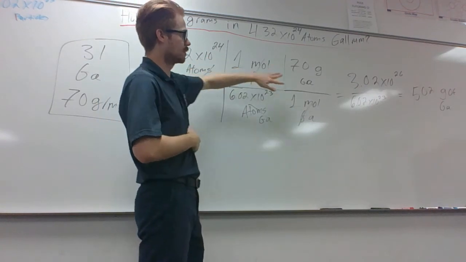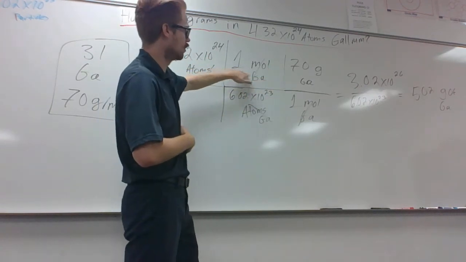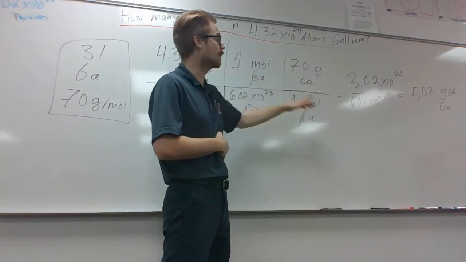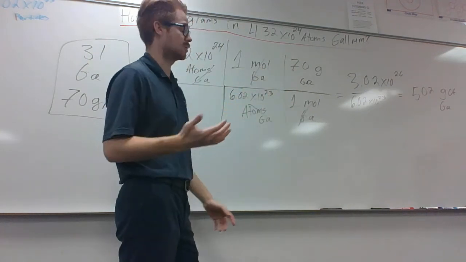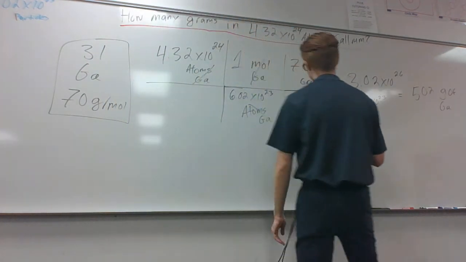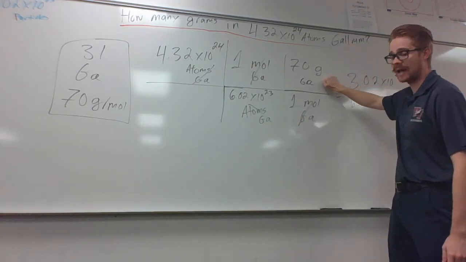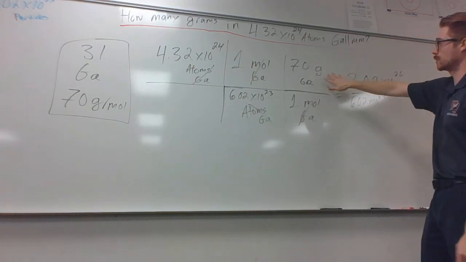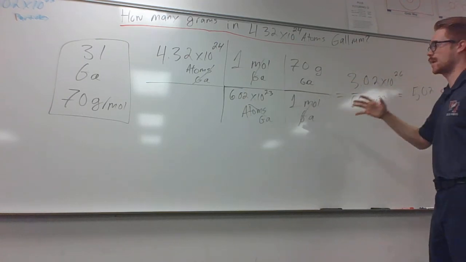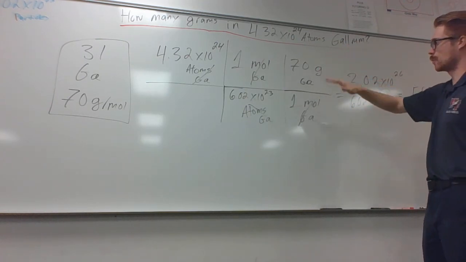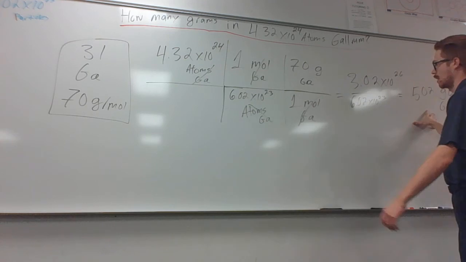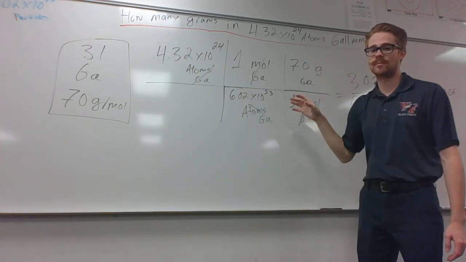Then we multiply by the molar mass, grams per mole, with moles of gallium on the bottom, because again we need those terms to cancel out. They need to divide out to 1 so they no longer affect our equation. We were looking for grams, and the only unit we had left was grams. So once we get here, we know that everything has to be correct. As long as we multiply and divide correctly, the answer will be correct. As long as everything is set up correctly, it's very difficult to get the wrong answer on these.